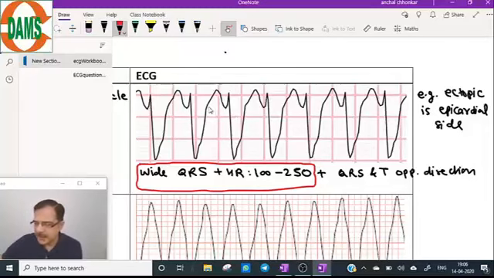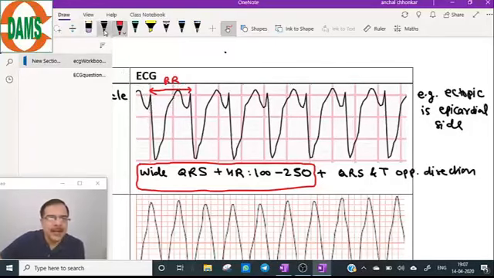If you look at the diagram, the QRS complexes are negative and they are wide. And if we calculate the heart rate from the distance between two consecutive QRS complexes, this is the RR interval.